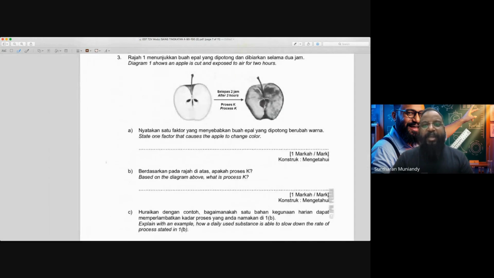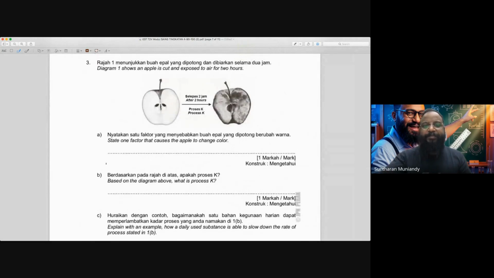Okay, bahagian B. State one factor that causes the apple to change color. Exposed to the air that contains free radicals.